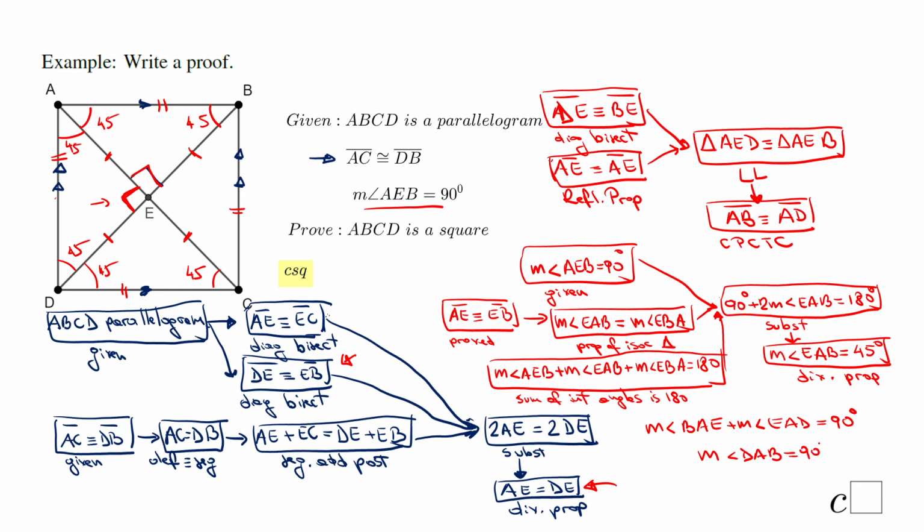Unfortunately, I ran out of space here, but that is the idea of this proof. Now we see this angle is 90, the sides are congruent, it is a parallelogram. So yes, now we know from all this that ABCD is a square.